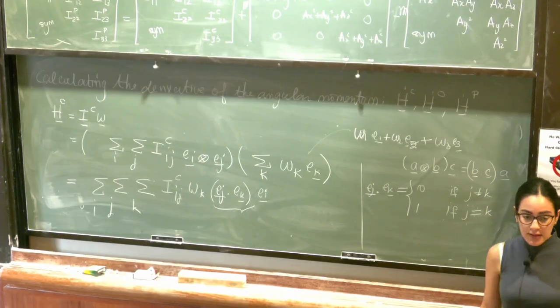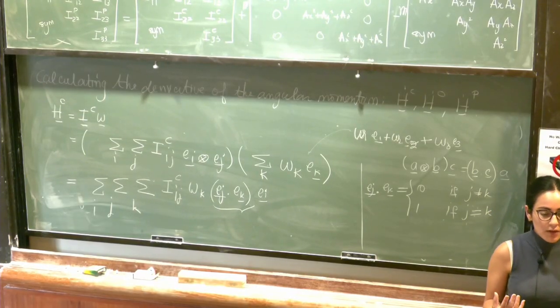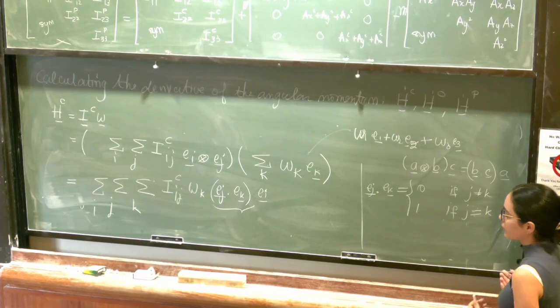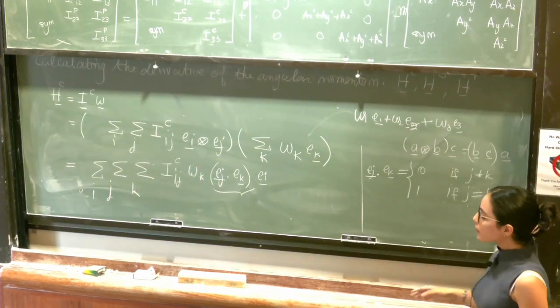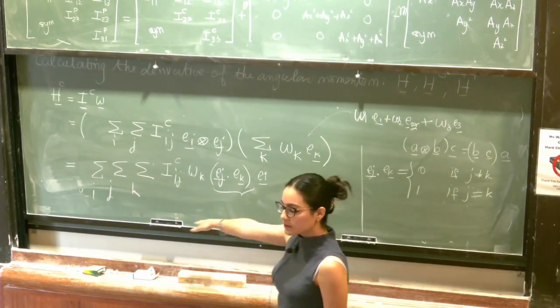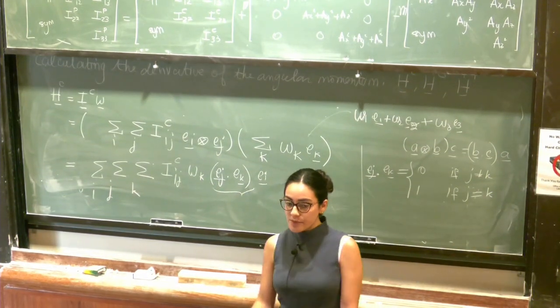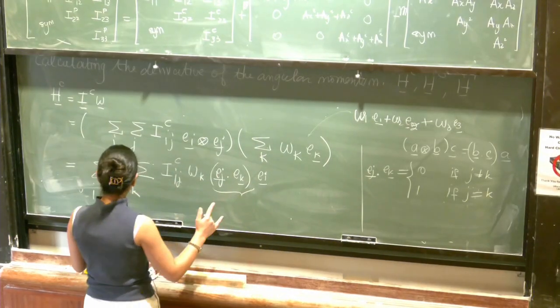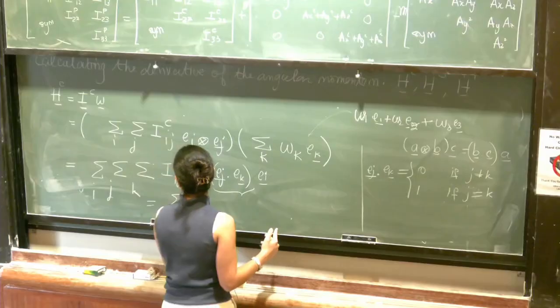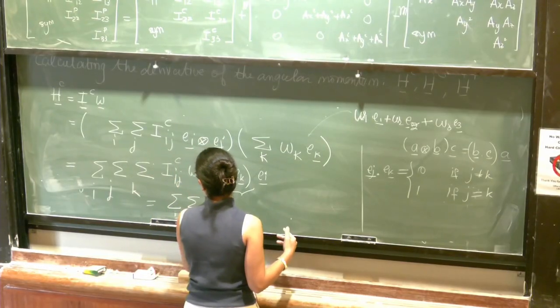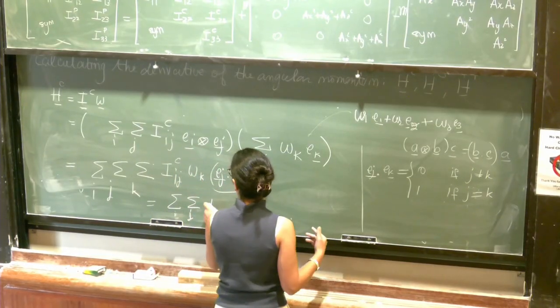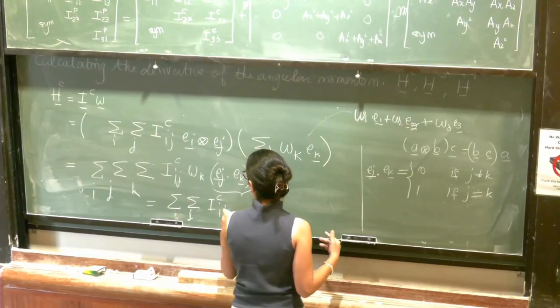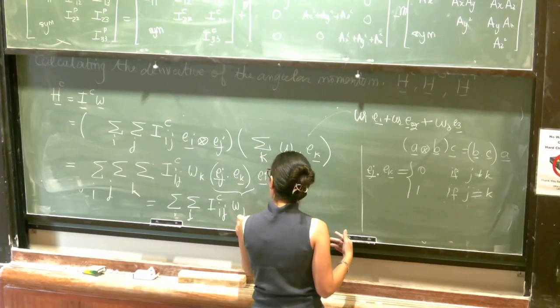Does that make sense? So basically, all the terms when these two are different are going to be 0. So I'm just going to keep the terms when they are equal. So I'm going to say that j and k are equal. So that will be the sum of I_C ij omega_j e_i.